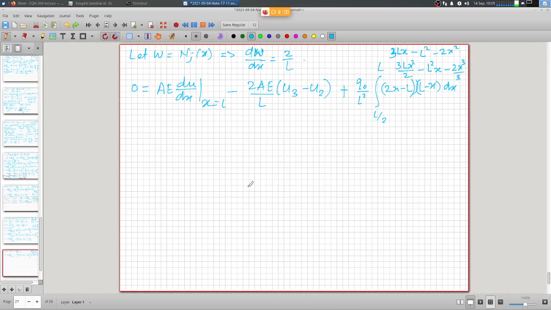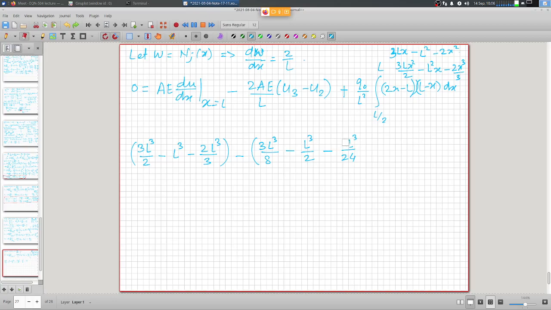So let us see how this works out. 3 L cube by 2 minus L cube minus 2 L cube by 3, then 3 L cube by 8 minus L cube by 2 minus 2 L cube by 24.